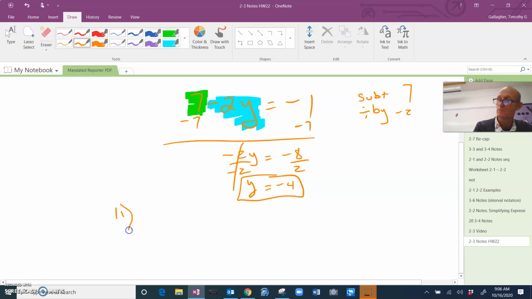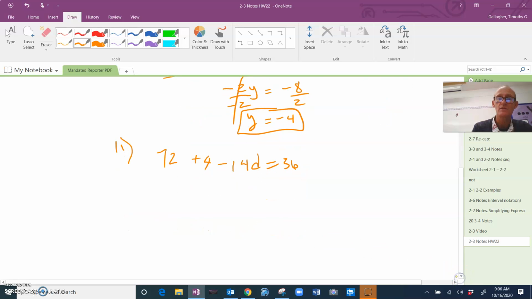Problem 11 is 72 plus 4 minus 14d equals 36. So I'm going to combine these two to get 76 minus 14d equals 36. So this now is two steps. We're going to subtract 76 and then we're going to divide by -14.